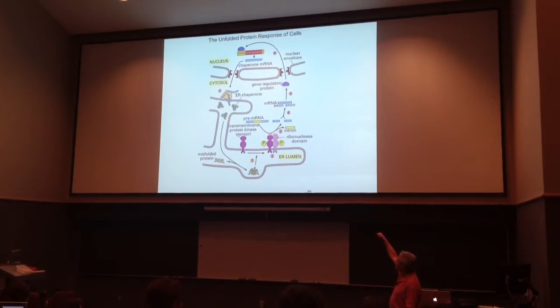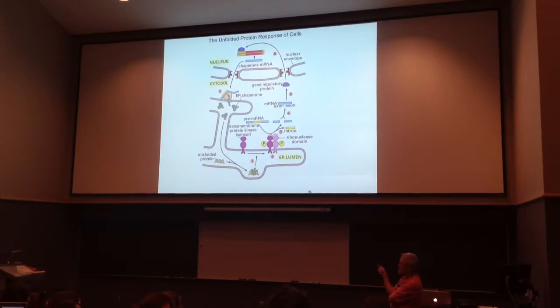The transcription factor binds to a subset of promoters in the nucleus and induces transcription of that subset of genes. The messenger RNA that it transcribes goes out into the cytosol and is translated into proteins. The proteins that are translated have signal peptides, and they're directed into the endoplasmic reticulum. The genes that this transcription factor activates are all genes that code for chaperone proteins.